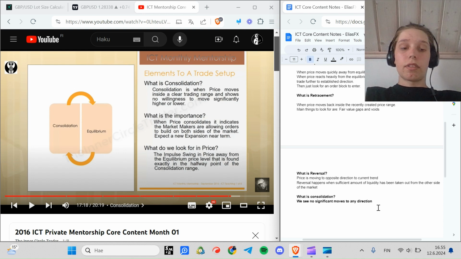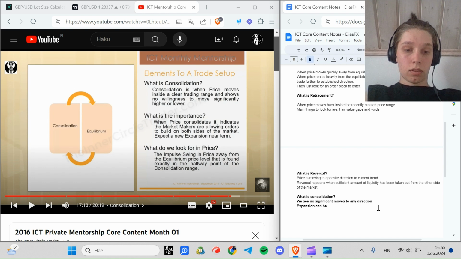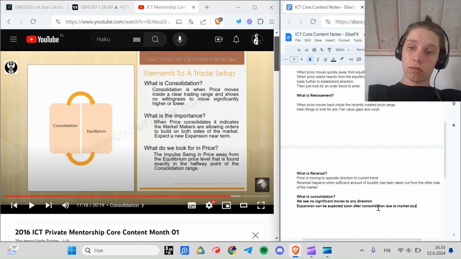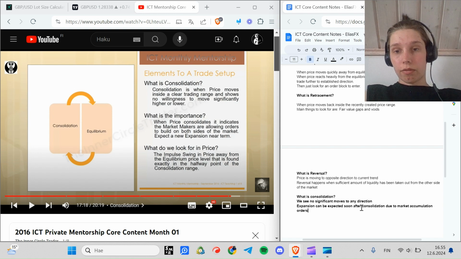So the key point is that expansion can be expected soon after the consolidation, due to market accumulating orders. There you go.